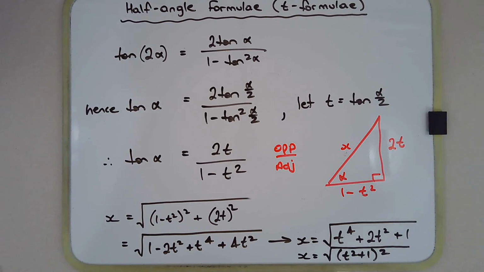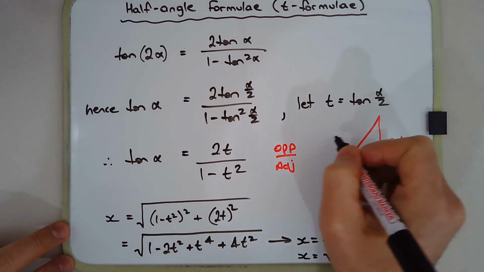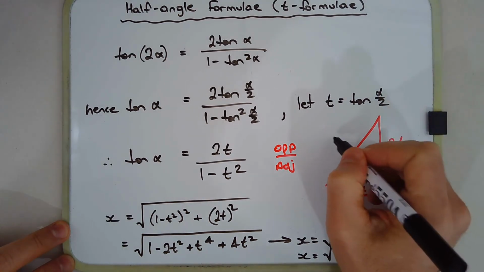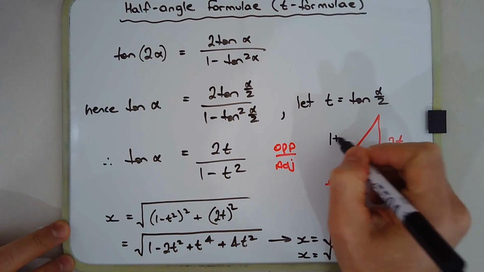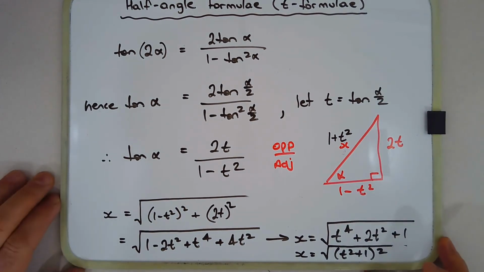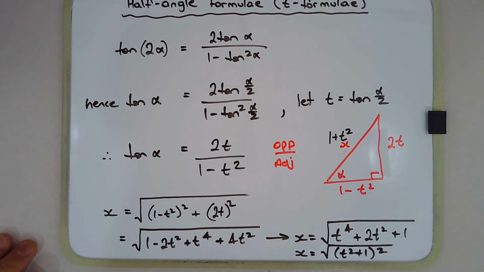Okay, so actually I'm just going to write it up here. I'll write it as 1 plus t squared. So you're left with t squared plus 1, but just for convenience, to make it consistent with the adjacent side, I'm going to write it in that order, 1 plus t squared.